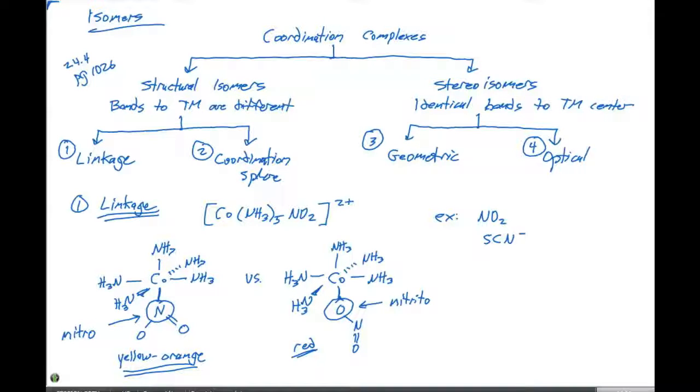So in each case, for the NO2, I should probably write this out as either NO2 or ONO, and we can distinguish which atom is bound to that transition metal center. Okay? And I'll emphasize again that in a linkage isomer, you have different bonds to the transition metal center, so that fits under the structural isomer category.